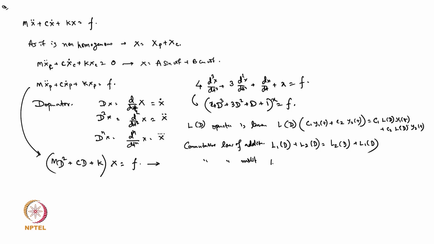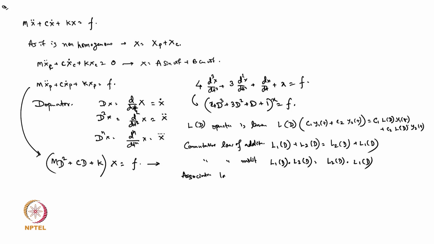In case of multiplication, L1(D) into L2(D), we can write as L2(D) into L1(D). You can see that it is not like matrix multiplication; it follows commutativity like normal things.